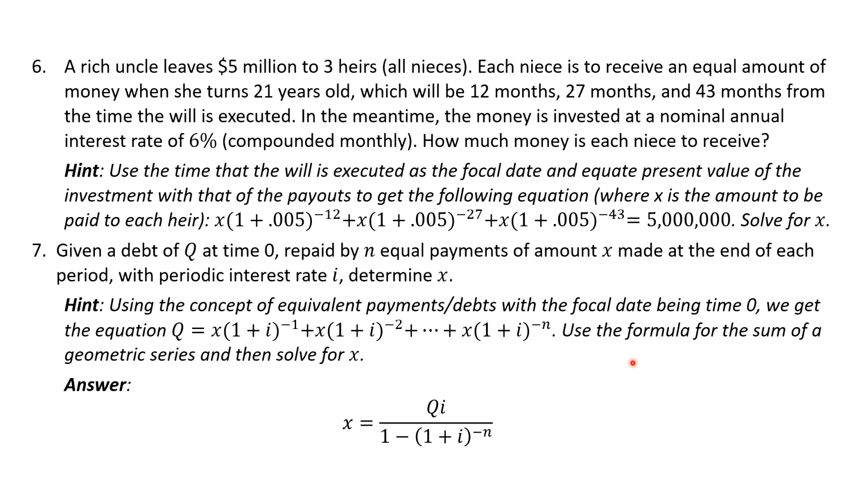We can use the formula for the sum of a geometric series. I talked about that in one of the previous lessons. That's a known formula. And then you solve for X, and this would be the answer. Again, we'll see this in the next set of lectures that I'm going to have on annuities.